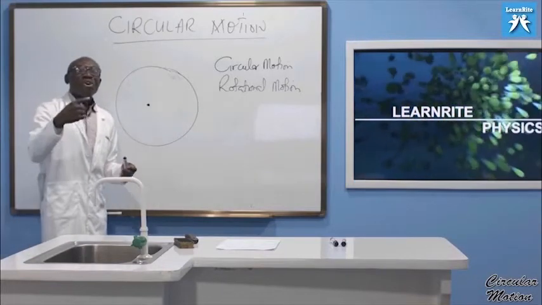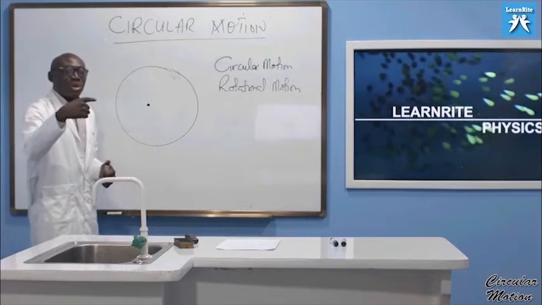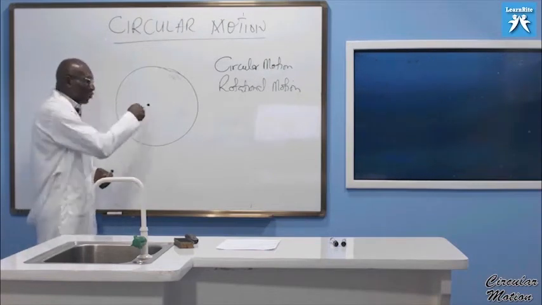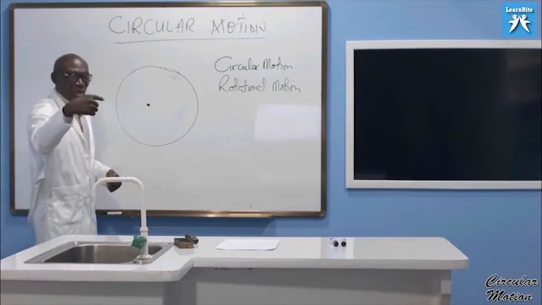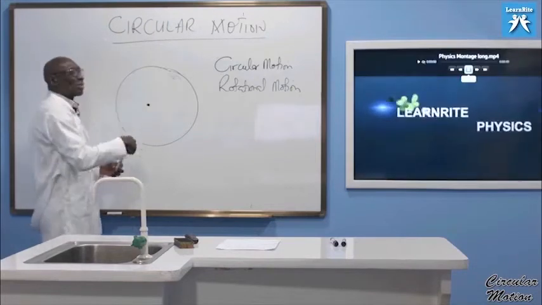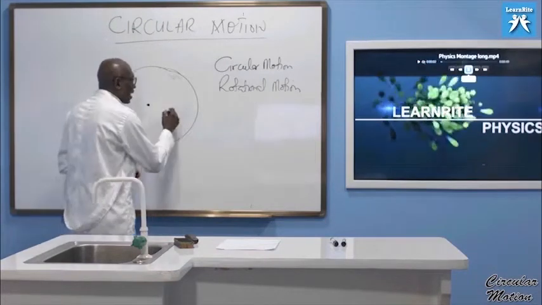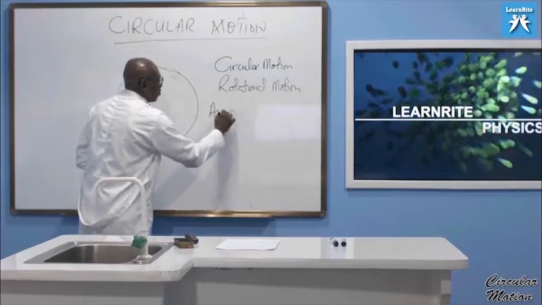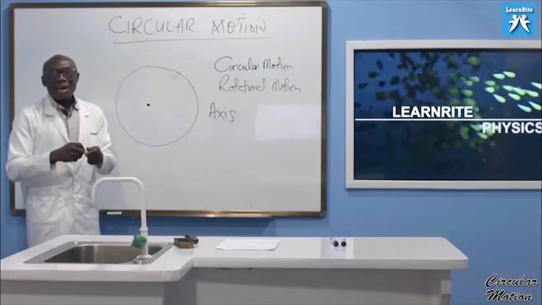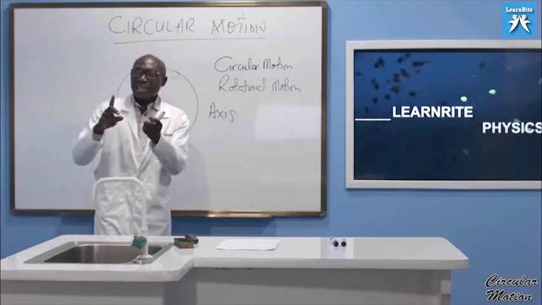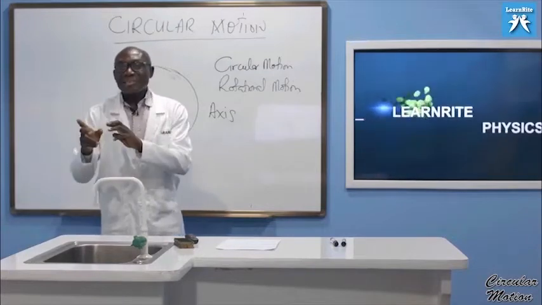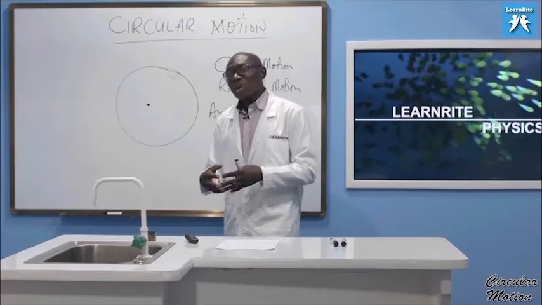Now, if I should draw a straight line through the center into the board, I'm going to call that straight line an axis. So you see, I'm going to interchange center and axis in the course of our deliberation.